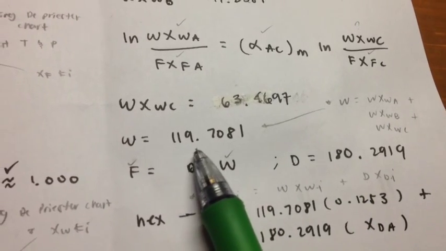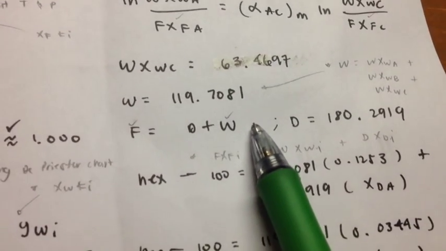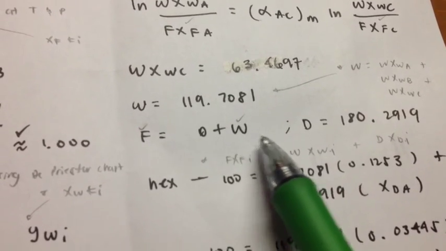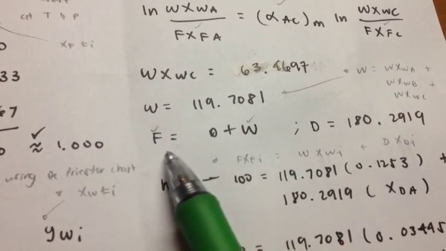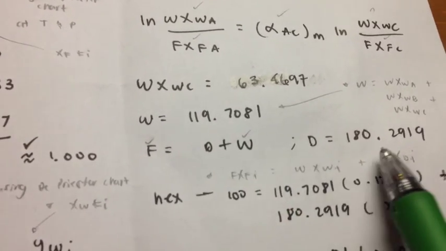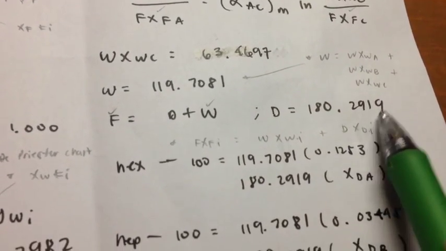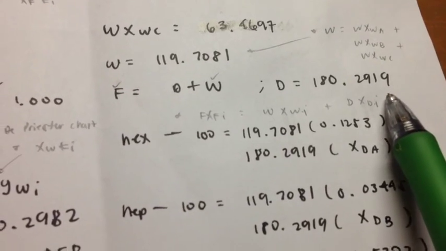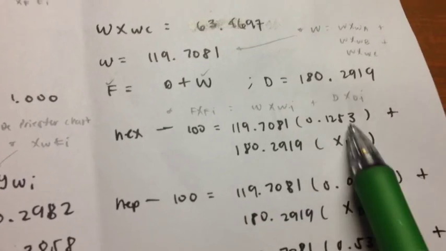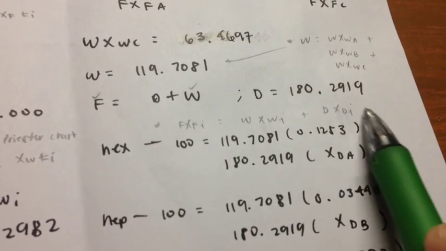We then obtain W, which is equal to WxWA plus WxWB plus WxWC. It will yield a value of 119.7081. For the material balance, F is equal to D plus W. We have W, which is 119.7081, and the feed, 300, so D will be equal to 180.2919. We use this equation once more to obtain our respective XDs.